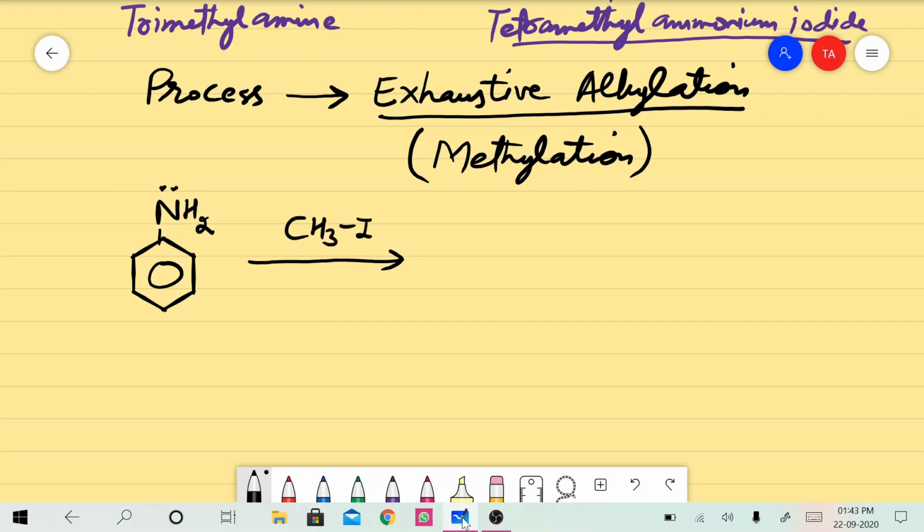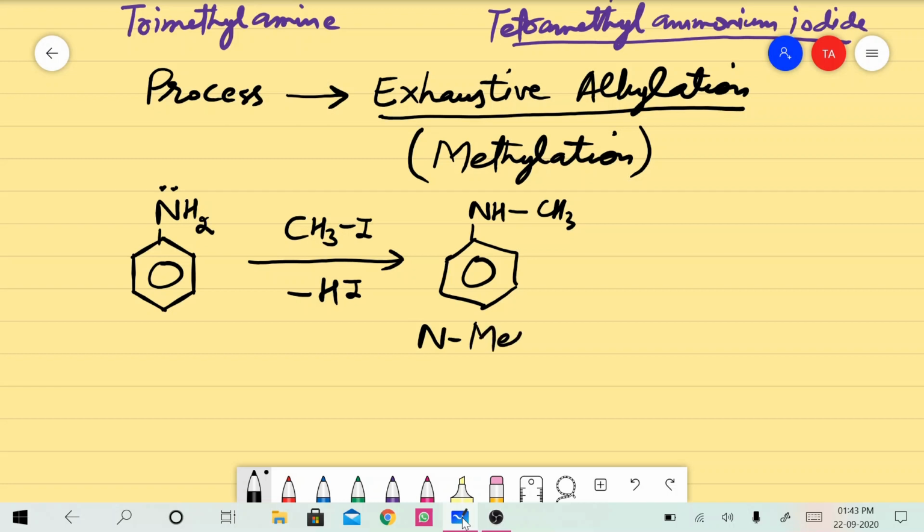When treated with methyl iodide, we get a secondary amine, and the secondary amine is N-methyl aniline.